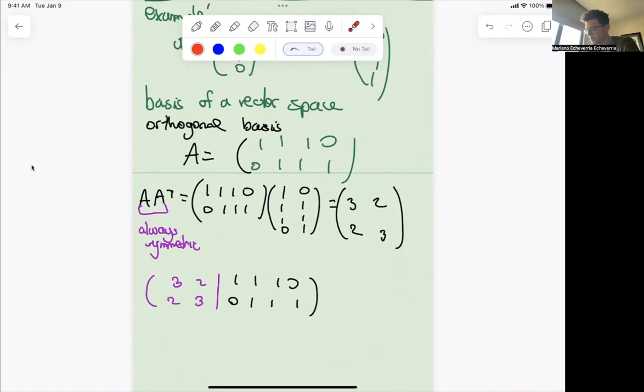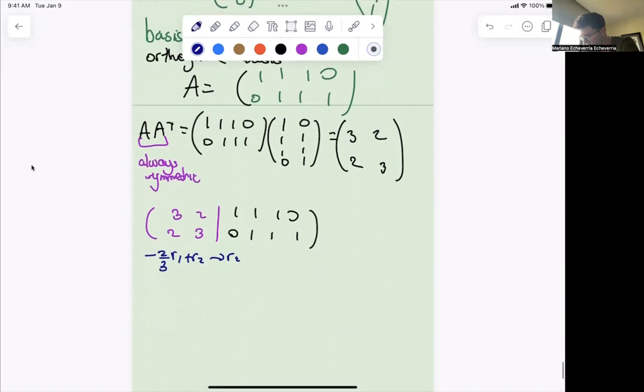That just requires a single operation: for example, minus 2/3 row 1 plus row 2 into row 2. Row 1 is 1, 1, 1, 0, right? If you do that, this one becomes 0, and then this one becomes 3 minus 2/3. It doesn't matter what number you end up getting here.